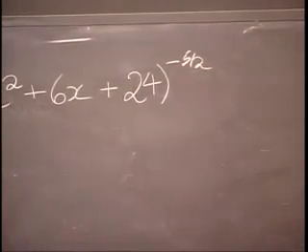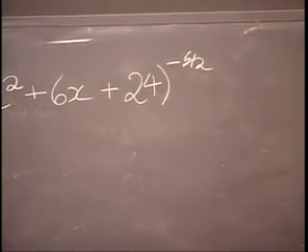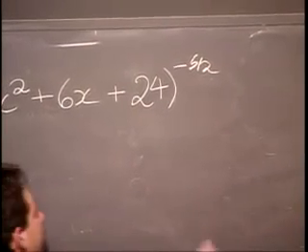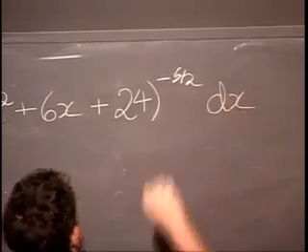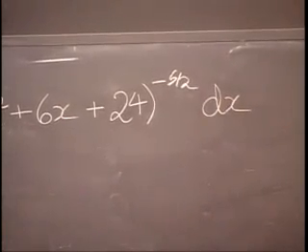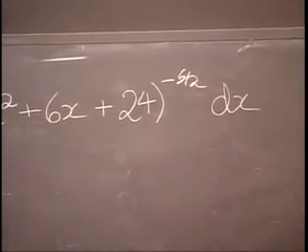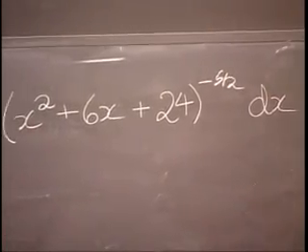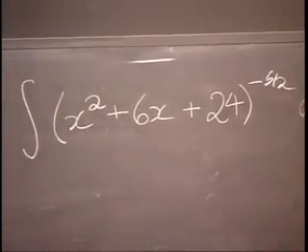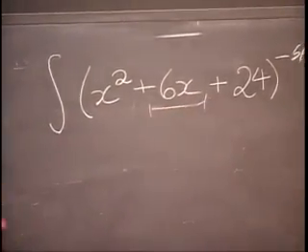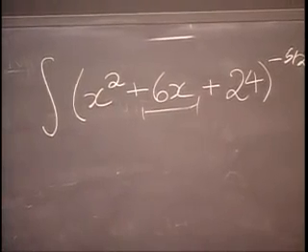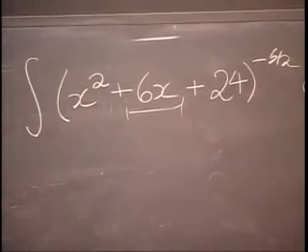I don't know, the integral of x squared plus 6x plus 24 to the minus 5 halves dx. Why not? Okay, this doesn't fit any of the types because of the 6x. That x term was not there.